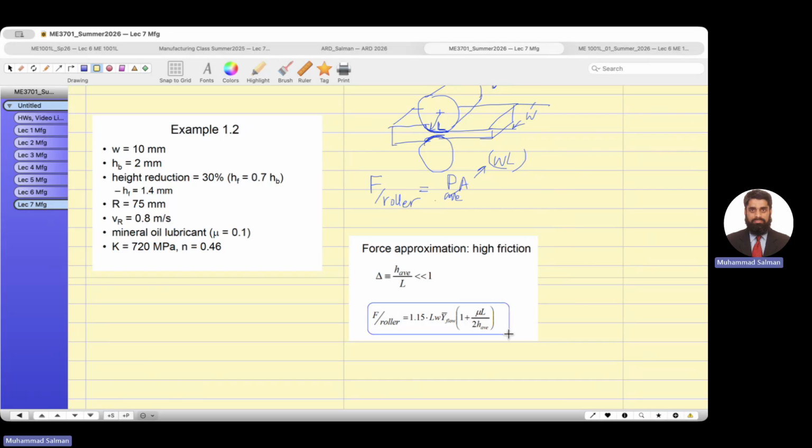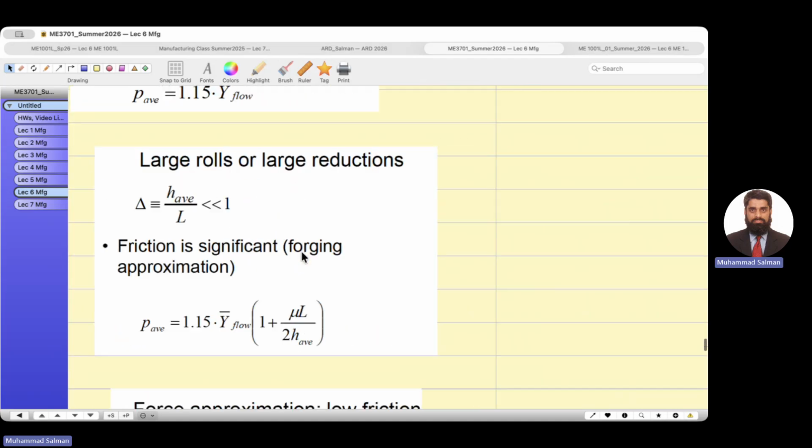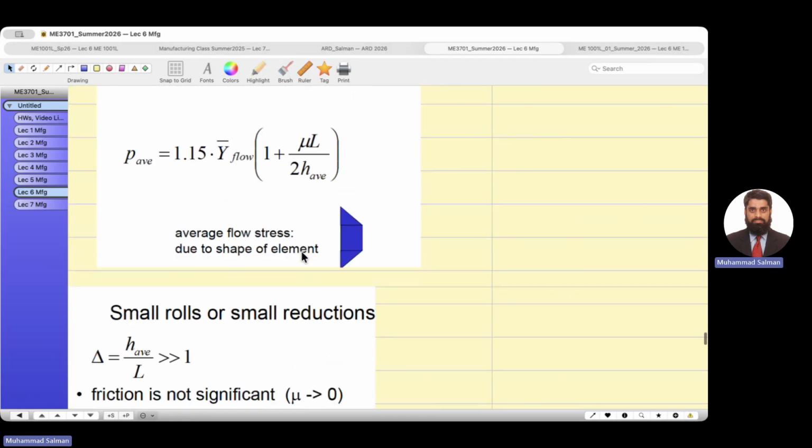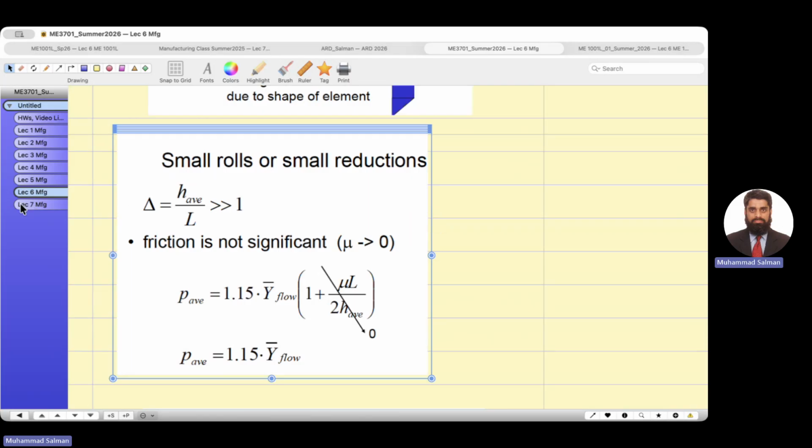But let's see, is it a large roller or a small roller? If this is a small roller, then you will not use this formula. You will use a different formula if it is a small roller. Yes, this is the formula for a small roller.